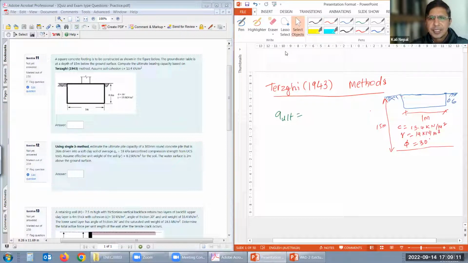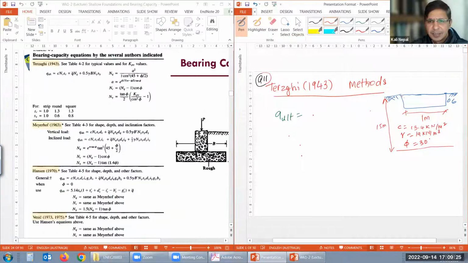Oh, sorry, this is question 11. Where did that go? I had written that. You need to have the question number, otherwise we wouldn't know. Can we copy that formula now? Just leave that for now. cNc Sc plus gamma D, that is Q bar, meaning gamma D, and Nq, and then plus half B gamma N gamma S gamma.